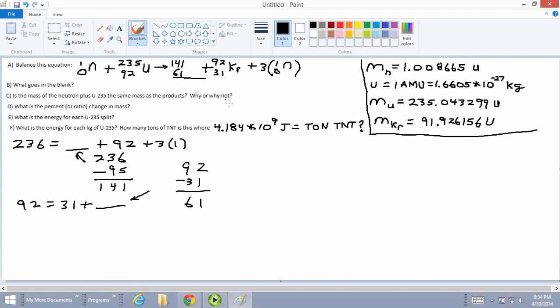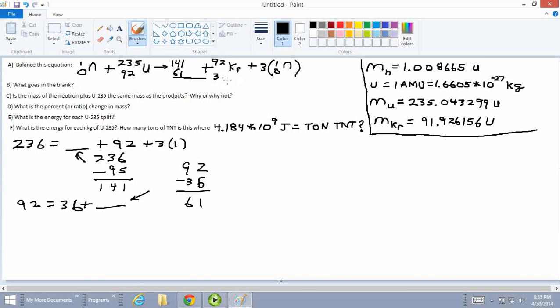And if we look this up on a periodic table, I've got a problem here. Let's see. 92, 36, excuse me. It's supposed to be 36 krypton. There we go. I wrote down the problem wrong.